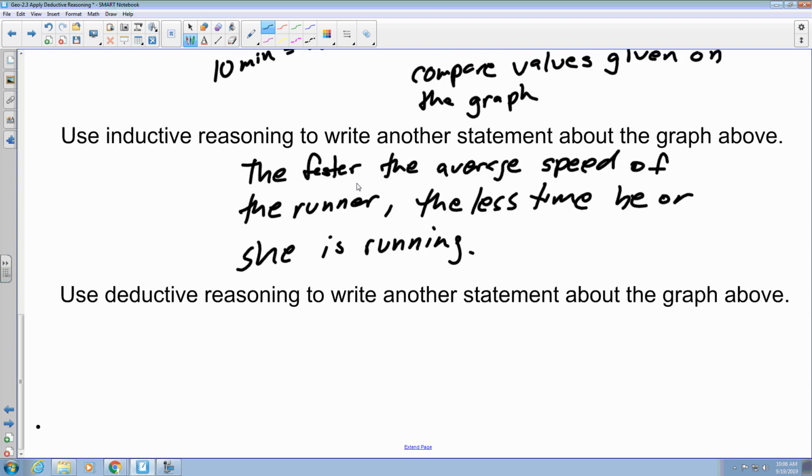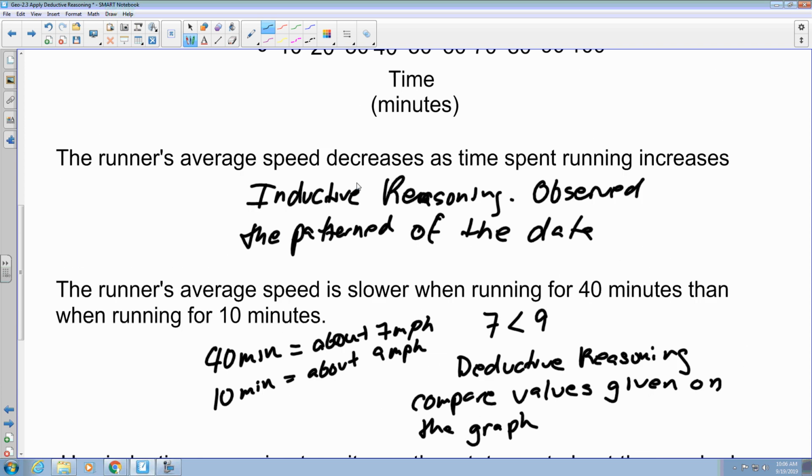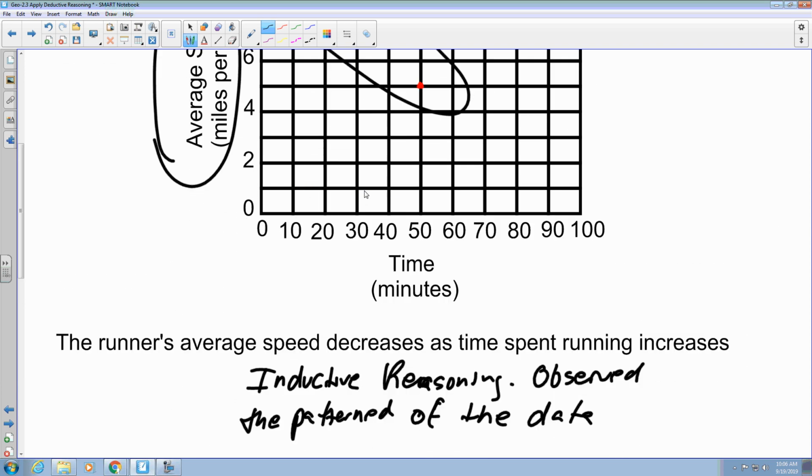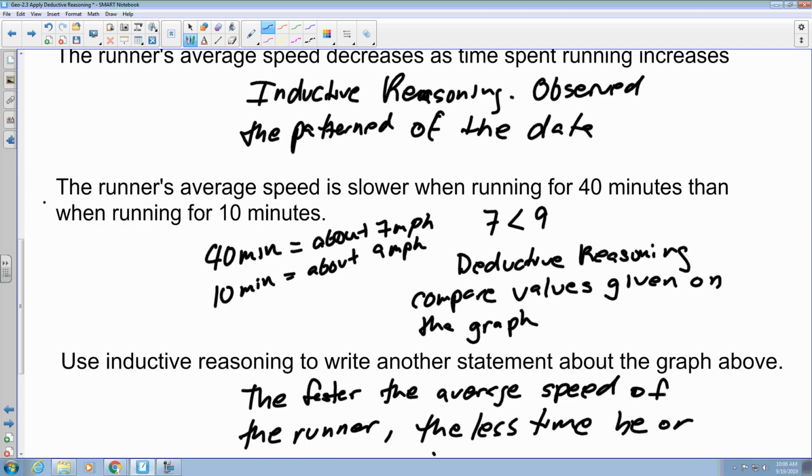All right, here it says use deductive reasoning to write another statement about the graph. So we can use this to help us out right here because we used running speed with 40 minutes and average speed with 10 minutes.